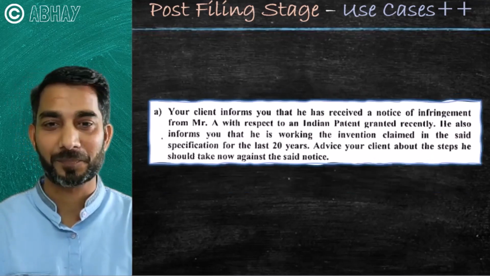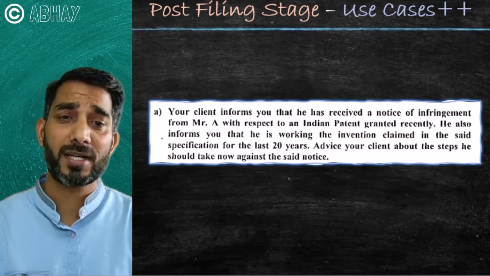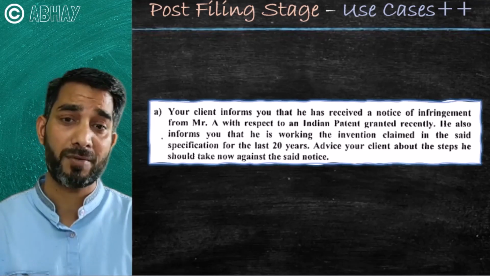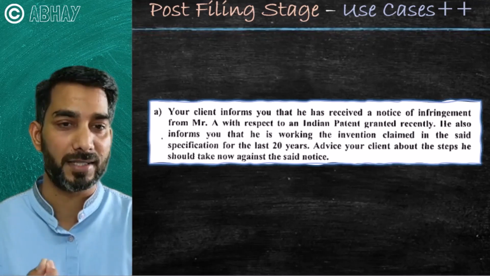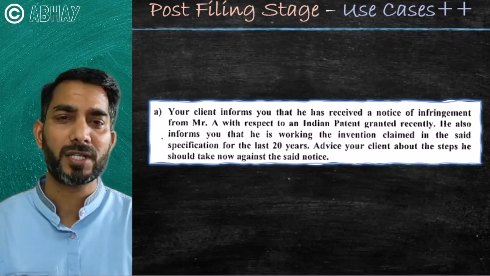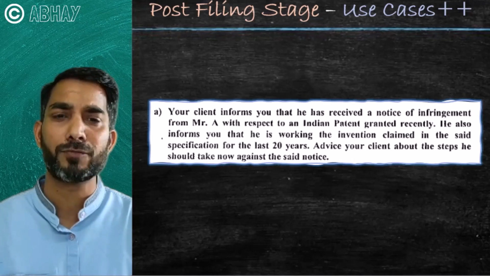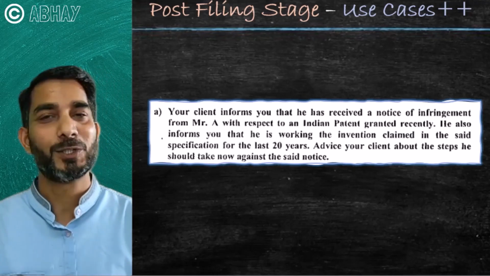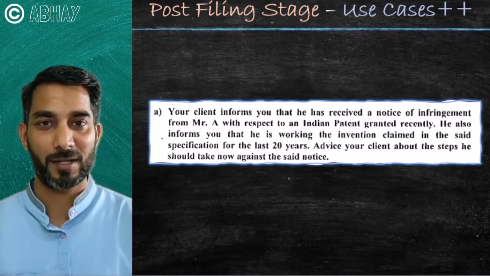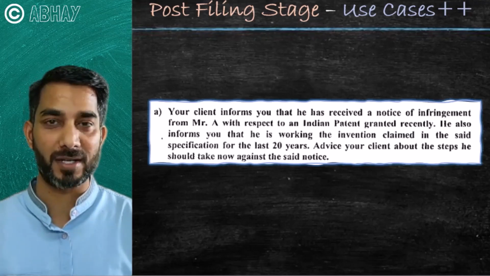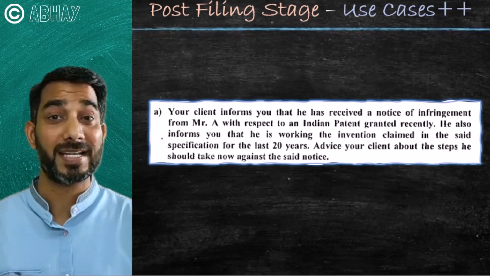Next one. Your client informs you that he has received a notice of infringement from Mr. A with respect to an Indian patent granted recently. He also informs you that he has been working the invention claimed in the said specification for the last 20 years. So again, same use case where there is a potential infringer and there is a patentee. Now here they have talked about recently granted.